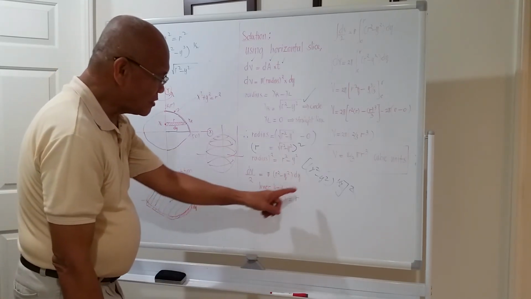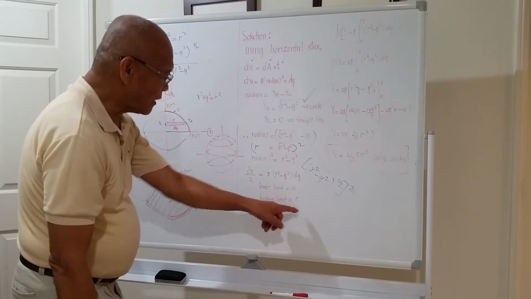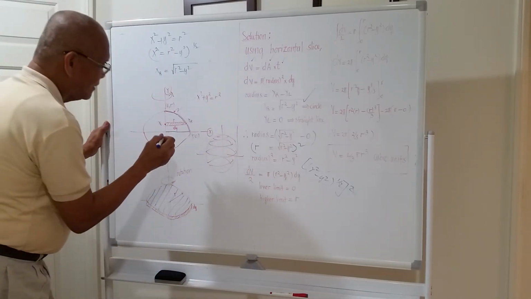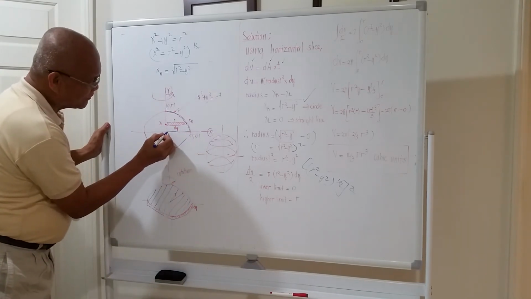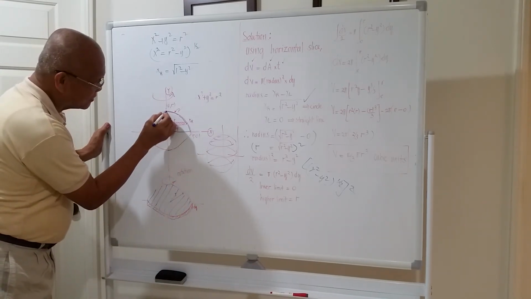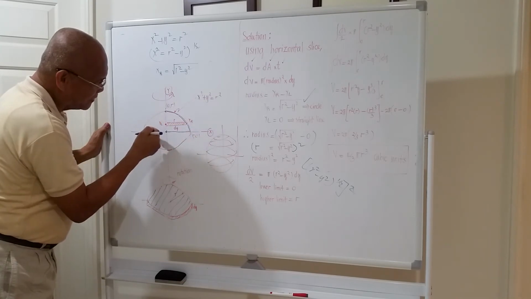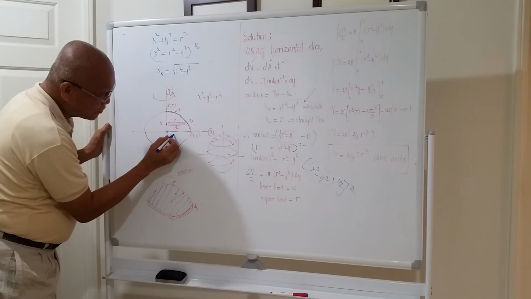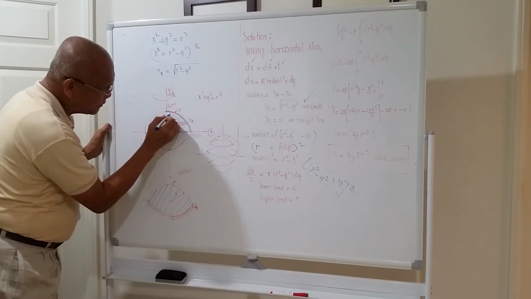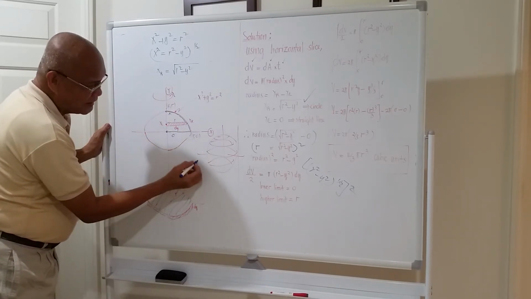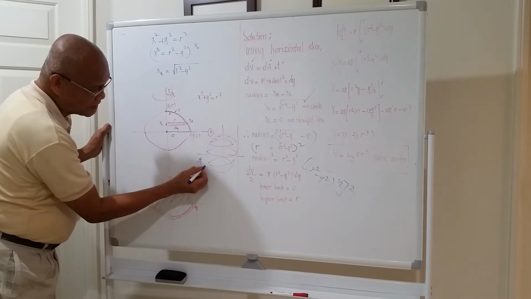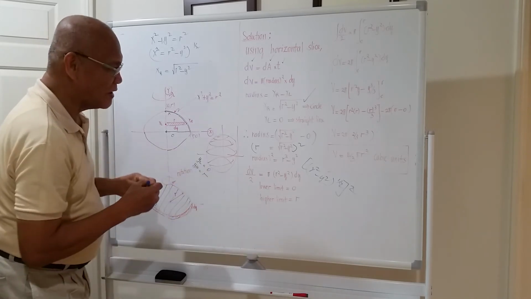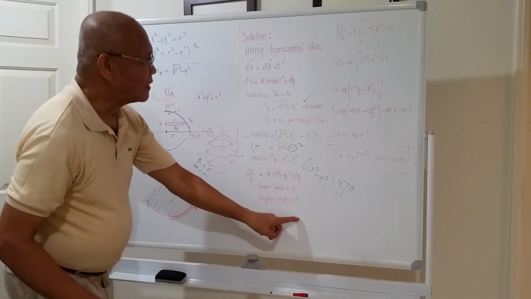Lower limit will be 0, higher limit will be r. Our limit will be an ordinate, and this dy should move from this ordinate up to this to cover the total area, then we rotate it. So y lower is equal to 0, y higher is equal to r, with the limit from 0 to r.